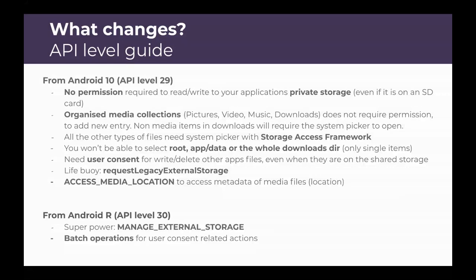Okay, and there are several changes with Android R, but the most important ones I would like to highlight is, one, the manage external storage permission. With this, you can access folders that you normally won't be able to, so for example, the root, the app data, or the downloads.